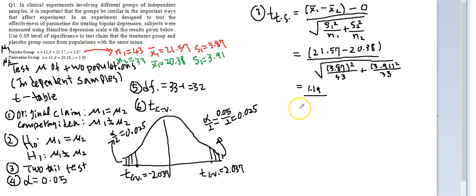So under the square root, I have 0.3483 plus, now let's do the same thing for 3.91 squared divided by 33, and I have 0.4632.